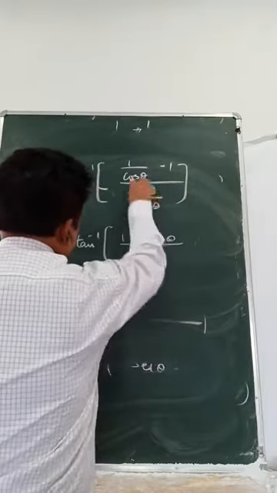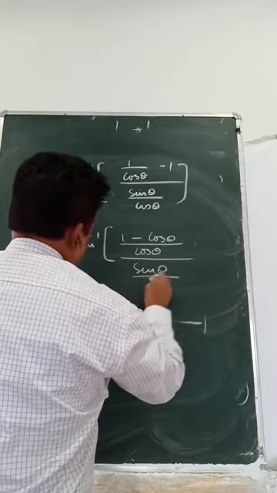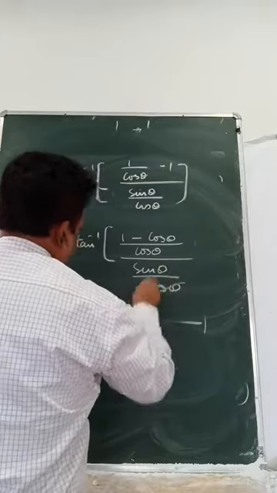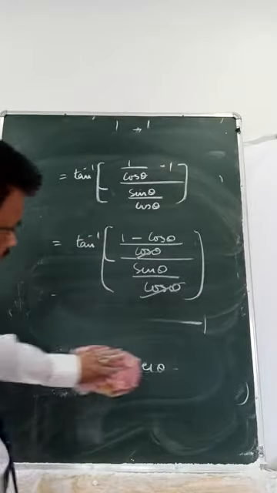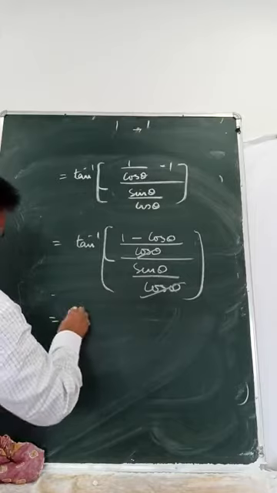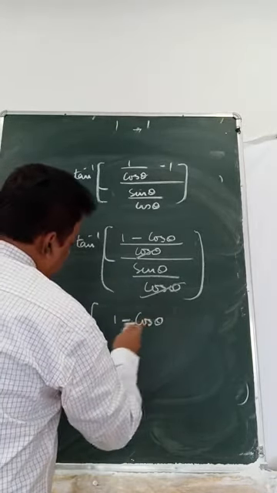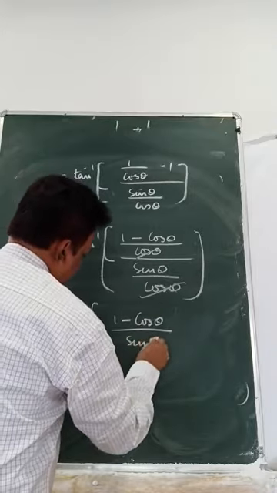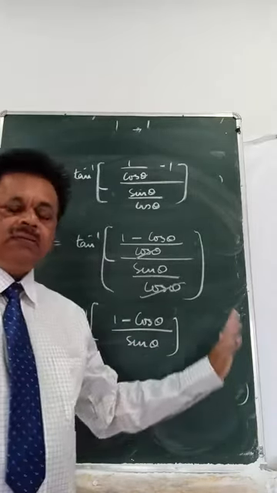I have taken the LCM, divided by sin theta by cos theta. Okay, cos theta cancels. So what's left out? The left out part is tan inverse of 1 minus cos theta by sin theta. Now what to do? Some formula again you have to relate.